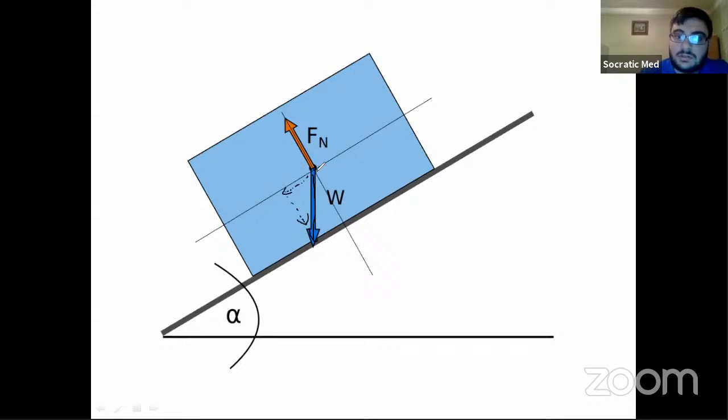If you notice, this is a right triangle right here. Since we know this angle, we also know this angle and this angle, right? This angle is just this, and this angle is what's left, right?